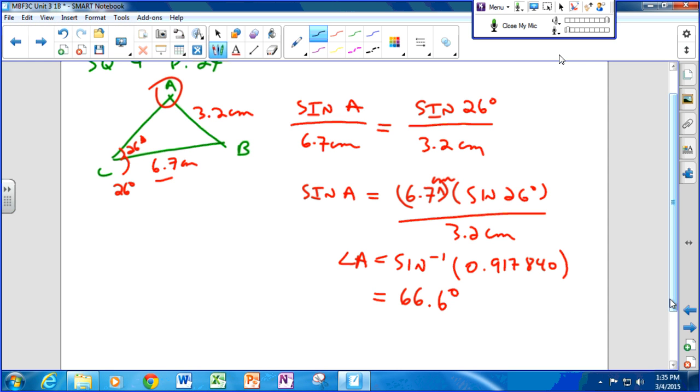Okay, it's a lot harder to find than it looks. Okay, so question 4, 66.6 degrees. Yeah, so we got that, right? And really, that's how it goes.